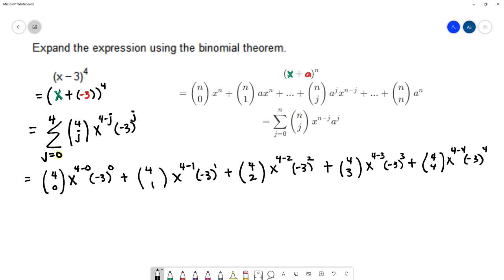So using that binomial theorem, we have a few things to simplify and work out. We need to work out what 4 choose 0 is. This is going to be using our combination formula. And we need to simplify these expressions here as well. So we have x to the 4th power, negative 3 to the 0 power would be 1.